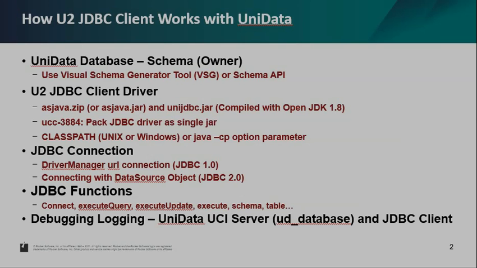Inside this video, we also talk about connecting and querying the data, updating the data, and getting the metadata and schema information, or calling the subroutine or the stored procedure. When you have a problem, you might want to turn on the JDBC client logging, and also look at the UniData UCI server log.